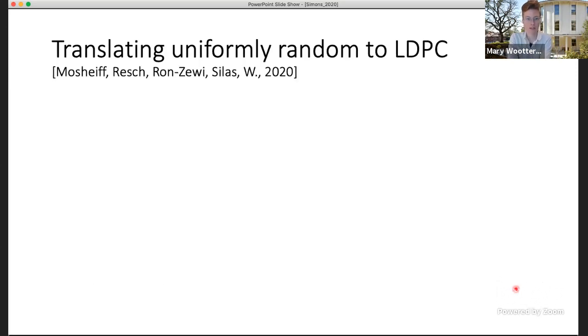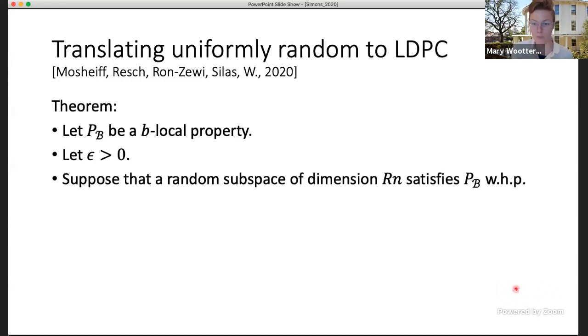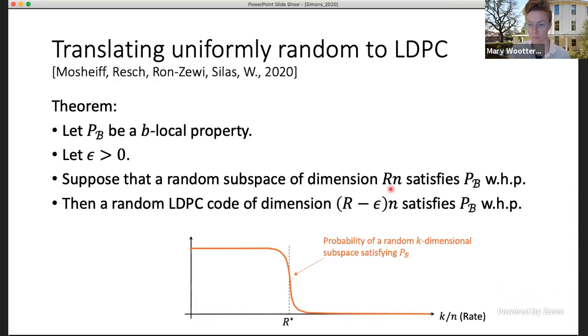Okay, and so here's a theorem that answers this question. Suppose you have some B local property, like list decodability, that we've already looked at. Let epsilon be greater than 0. And suppose that a random subspace of dimension r times n satisfies this property with high probability. Right, so in the picture that we had here, we know that a uniformly random subspace is going to have a picture that looks like this.